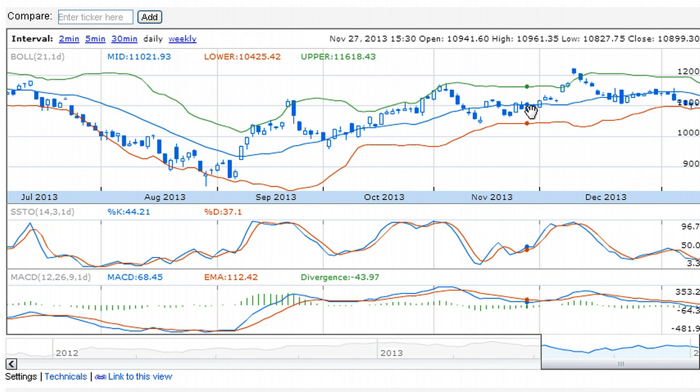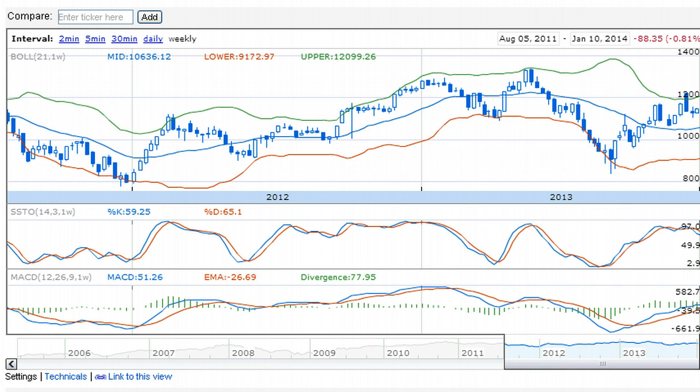And this is what you hear on TV and media as well, people telling you the market is range bound. Okay, let me take Nifty because most people on TV talk about Nifty.